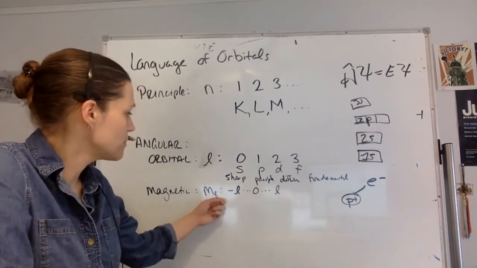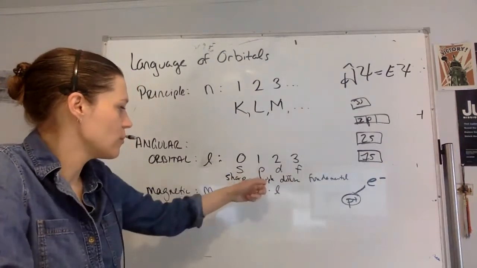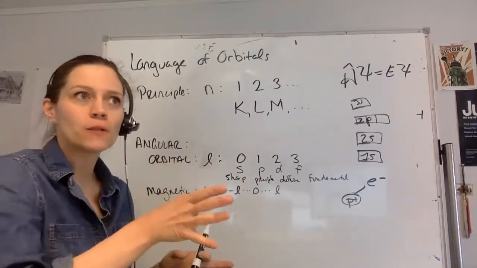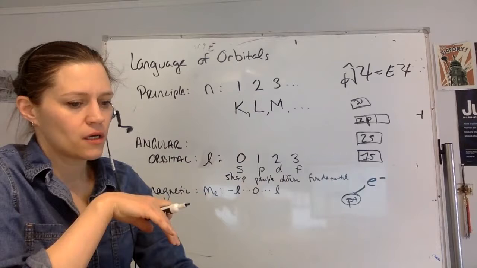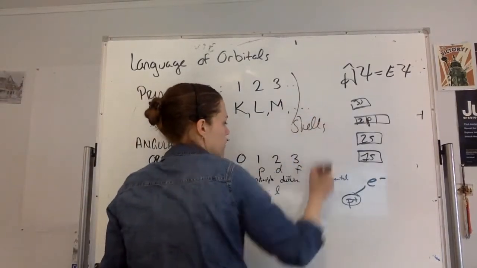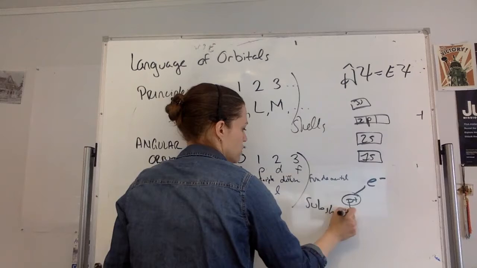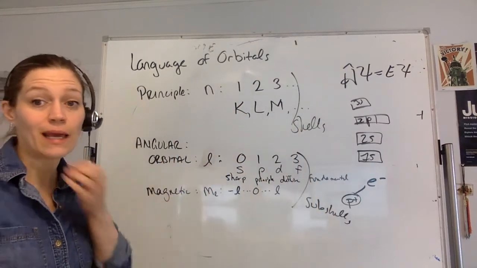And then you've got m sub L going from minus L, 0 to positive L of whatever your angular momentum is. The other thing: we designate these as shells, and then these are subshells. So think about the connection of m sub L and L, okay?